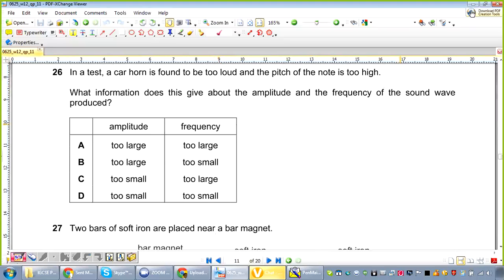In a test, a car horn is found to be too loud and the pitch of the note is too high. What information does this give about the amplitude and the frequency of the sound wave produced?